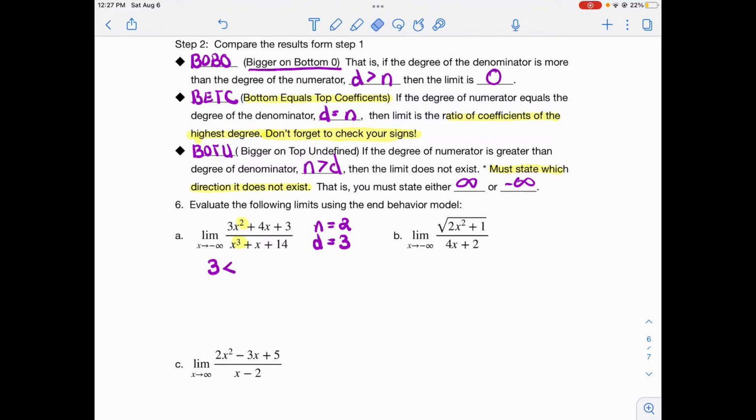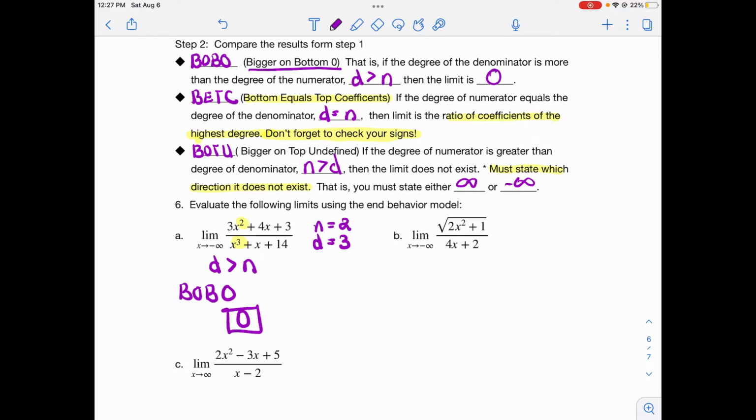So I notice that my denominator is greater than my numerator. Bigger on bottom is 0. The answer is 0. That's it. That's all the work you have to show.